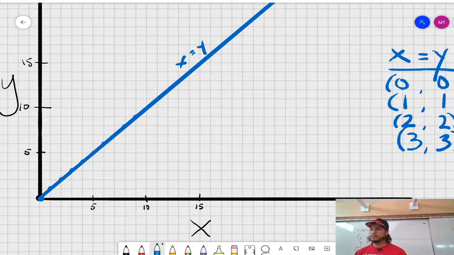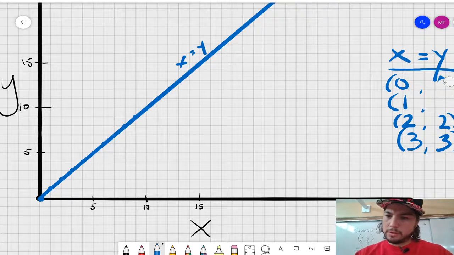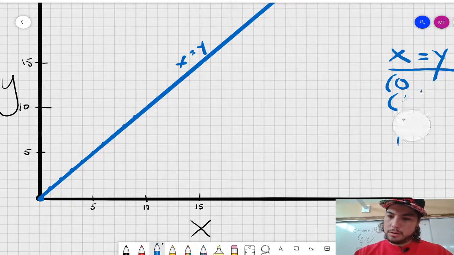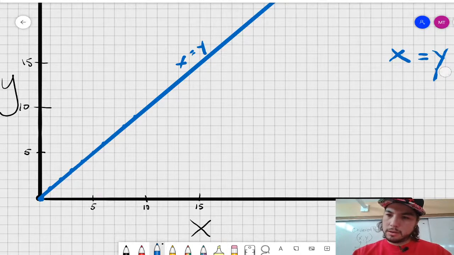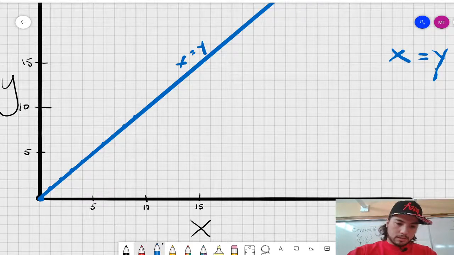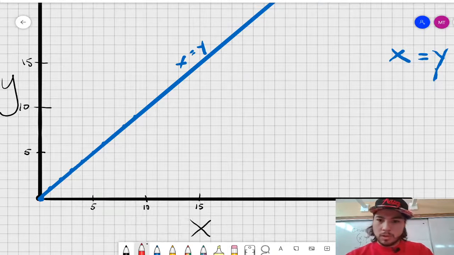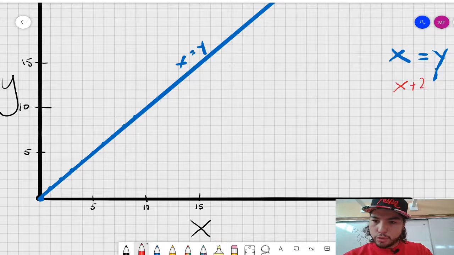Now, let's change something. Let's add an operation and see how that changes our line on the coordinate plane. What if we went with, as I erase our data here, something more like, and we'll put this in red, x plus 2 equals y?